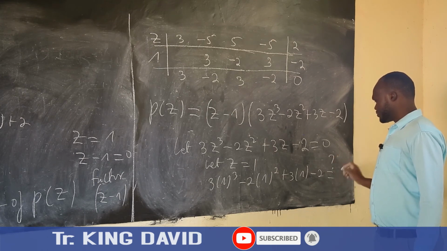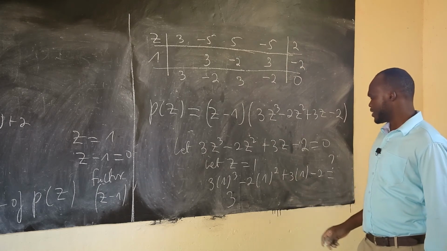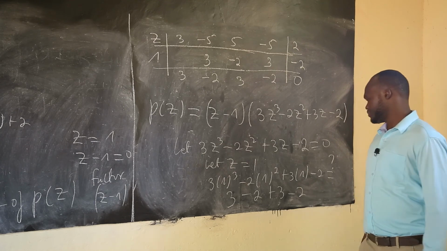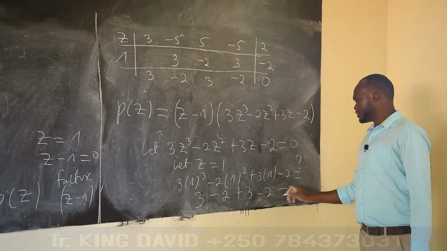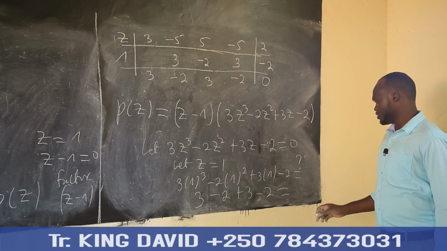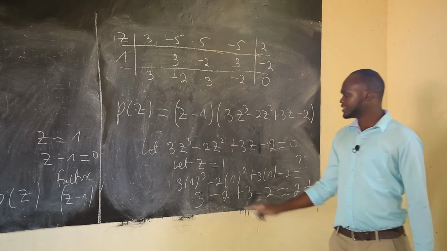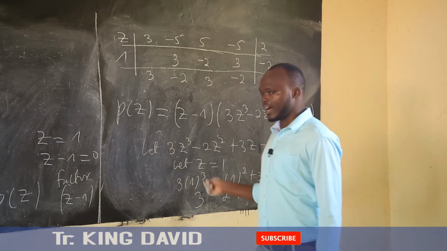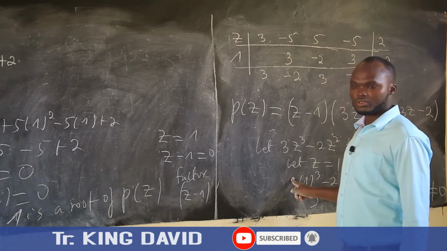Is this one equal to 0? So this is 3, because 1 cubed is 1, minus 2 plus 3 minus 2. So this is 6 minus 4, it is 2, and 2 is different from 0. So meaning that Z equal to 1 is not a root. So let us try to find another root of this one.